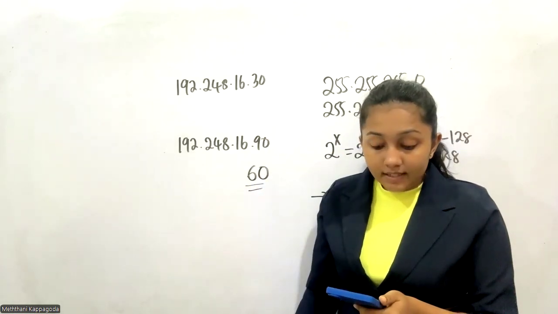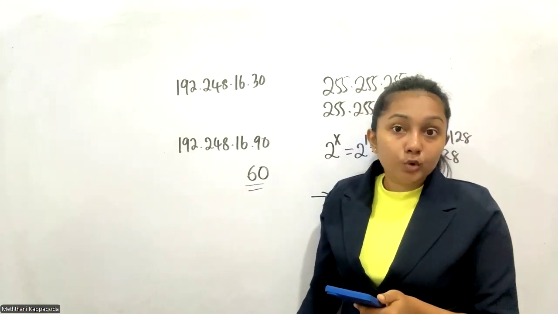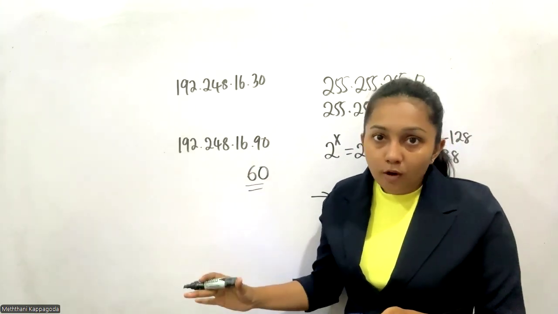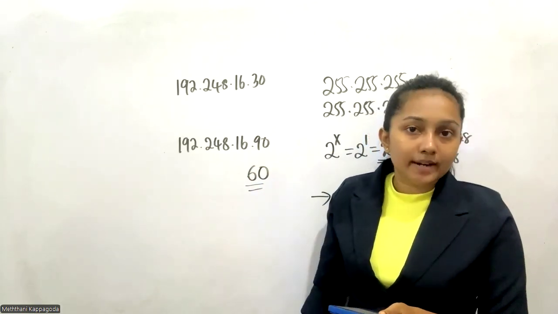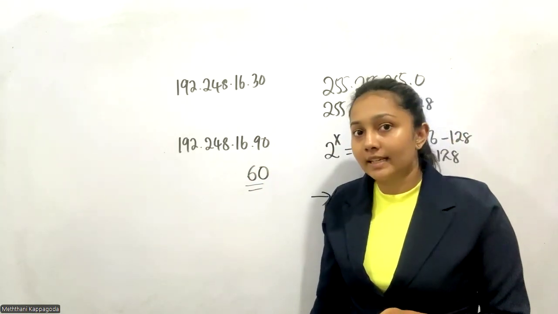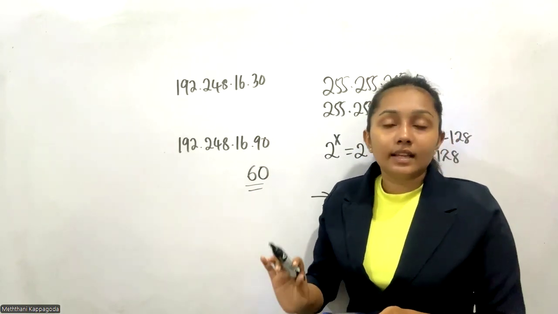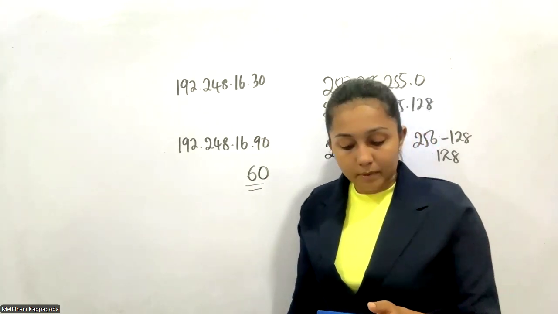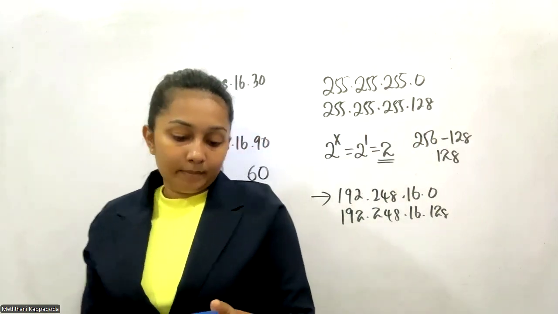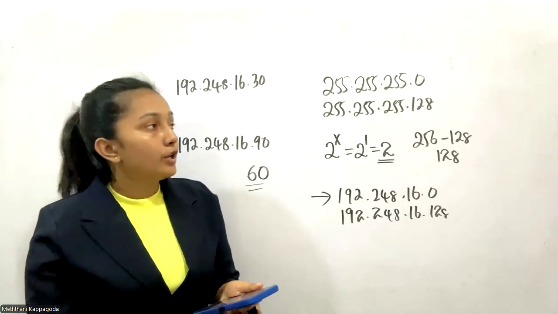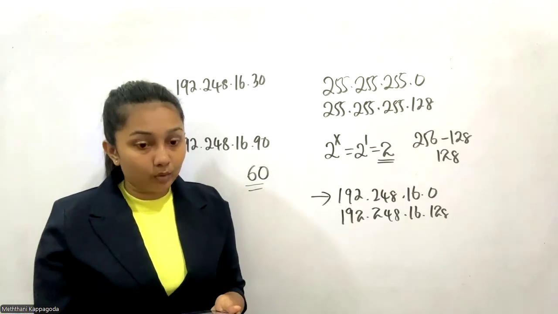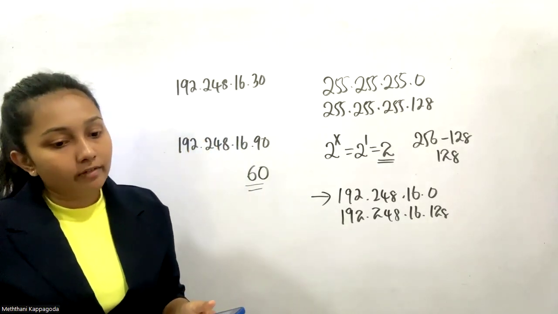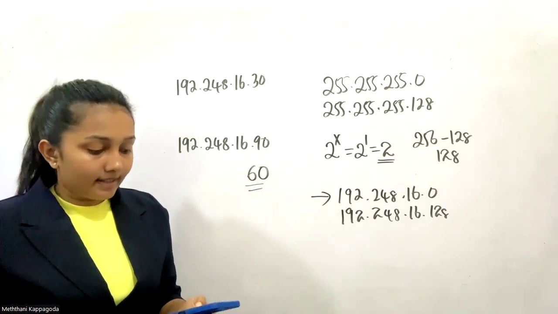If you select the third answer, 224, that subnet mask has only 5 host bits. It means 2 to the power y minus 2, 2 to the power 5 minus 2, which is 30. So it can connect only 30 computers. Therefore, it cannot be the answer. The answer for question number 12 is answer number 4, because if you select answer number 4, you can connect more than 60 computers. Therefore, you should get the answer 255.255.255.128. Right? I think you can understand what I'm saying.